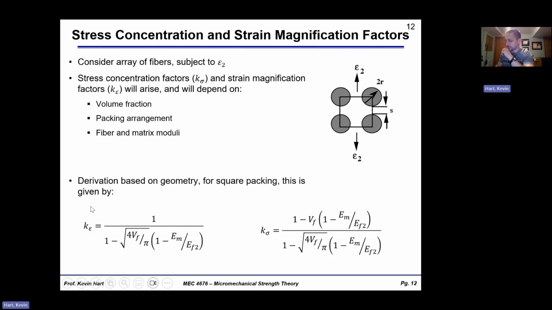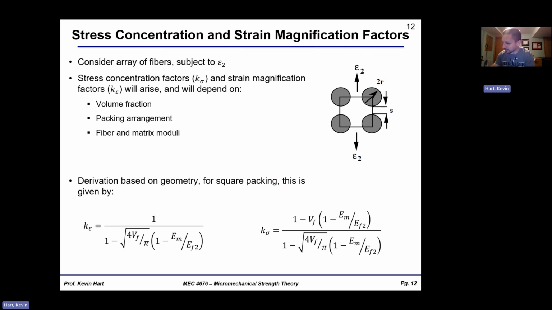The stress concentration factor associated with having fibers inside of a matrix is derived in a couple of different ways. There's what's called the strain concentration factor or the stress concentration factor. The stress concentration factor is this form, the strain concentration factor of this form. It's not really important that you know 100% where this comes from. Just say that it has something to do with the properties of the constituents, and also how densely packed the fibers are inside of the composite.